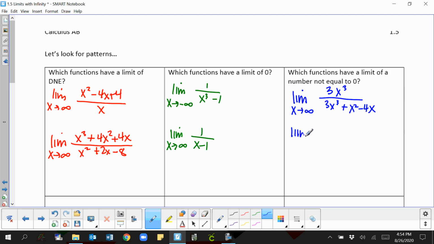And the limit as x approaches infinity of 3x squared minus 1 over x squared.